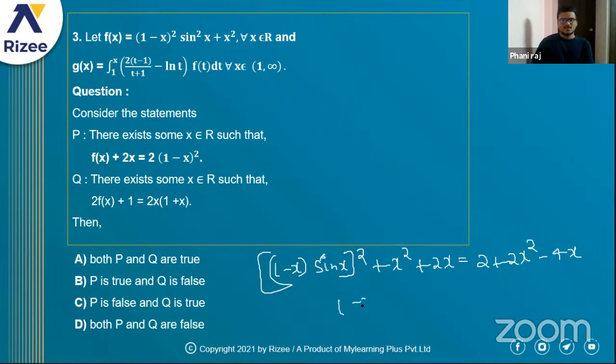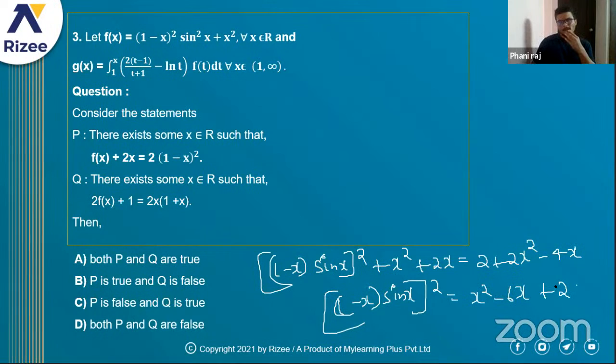Okay. So (1 minus x) into sin x, whole square, equal to x square minus 6x plus 2. Can we simplify it even more?